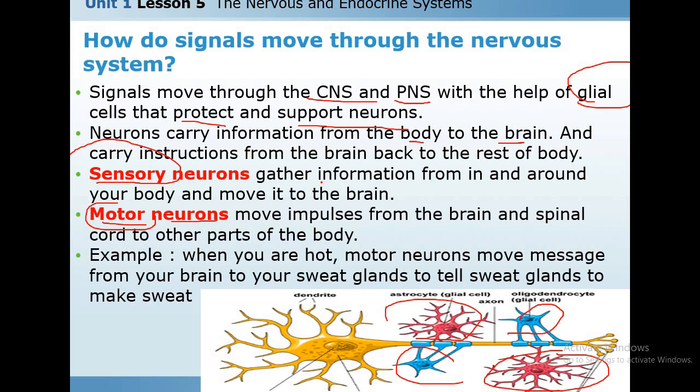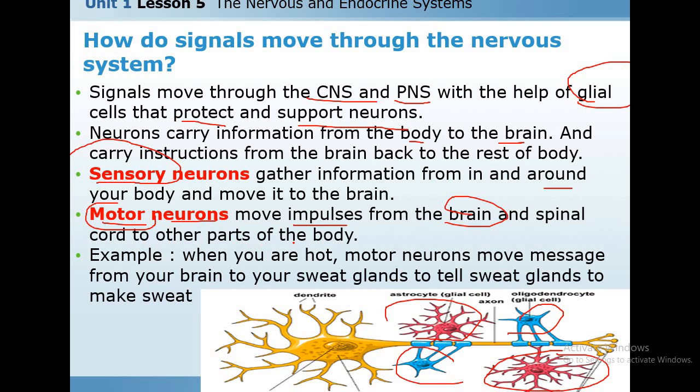Sensory neurons gather information from in and around your body and move it to the brain. So the function of sensory neurons is to carry information from your body or organs and move it to the brain. While motor neurons move impulses, or electric messages, from the brain and spinal cord to other parts of the body.